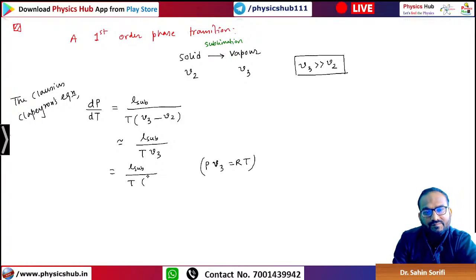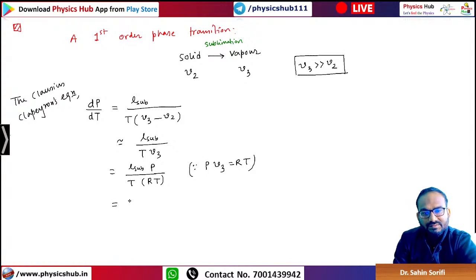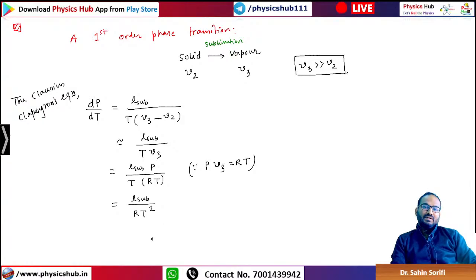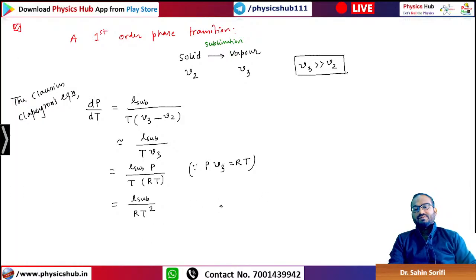T times V3 is RT by P, and this is equal to L sublimation divided by R T square. Now this is the modified form of Clausius-Clapeyron equation for this case.